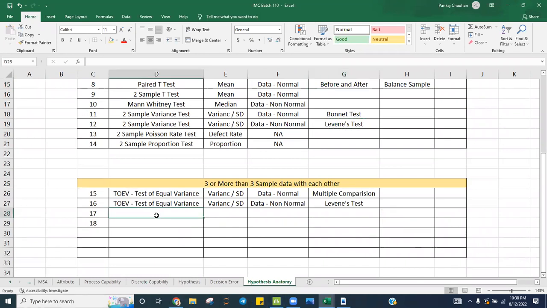There is another test which is called an ANOVA test. ANOVA stands for analysis of variance. That means you are comparing the average value. Average value we always compare when data is normal.